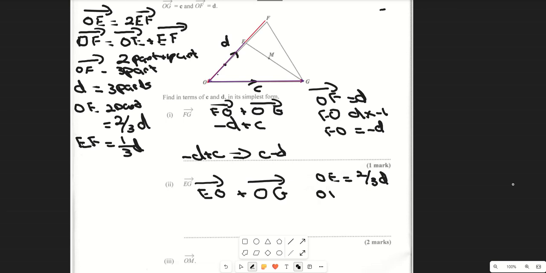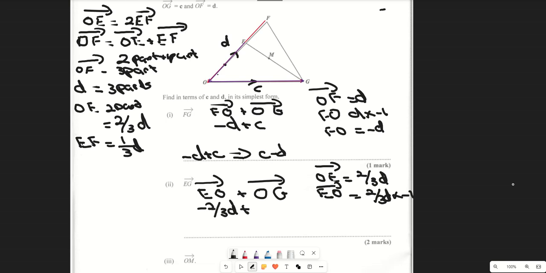Not OE, EO would be the opposite direction. So we just simply multiply what OE is by -1. So EO, which is going in this direction, the opposite direction, is 2 over 3D multiplied by -1. So this would be negative 2 over 3D plus what is OG?